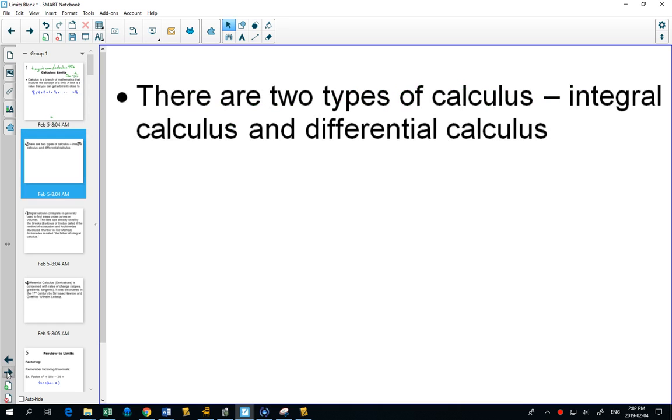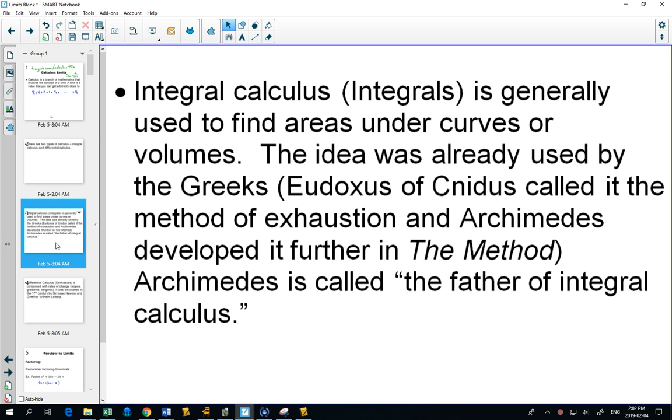Now, for the calculus that we're going to learn this semester, there's sort of 2 main branches, integral calculus and differential calculus. Even though integral calculus was worked on way before differential calculus was, differential calculus was invented simultaneously by both Leibniz and Newton.